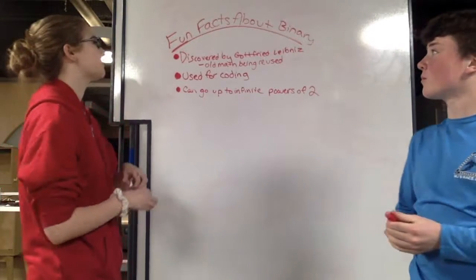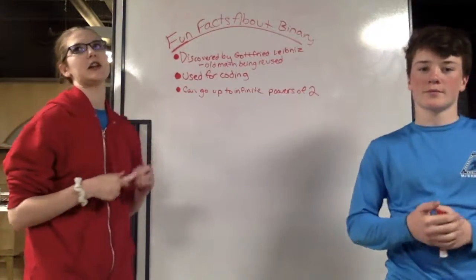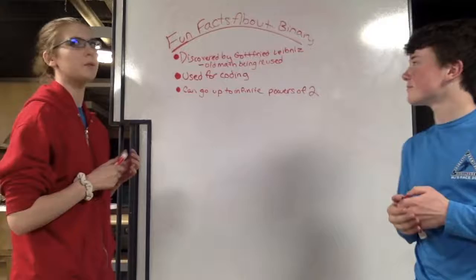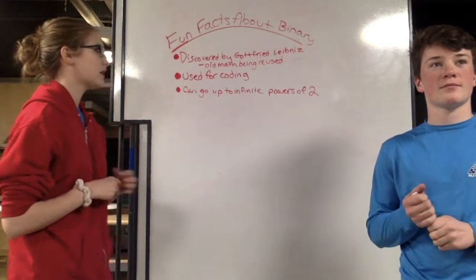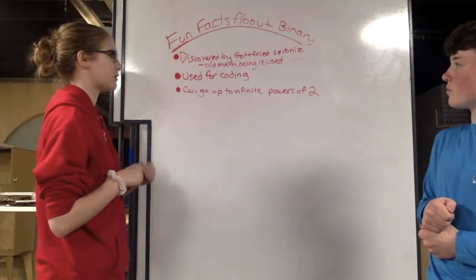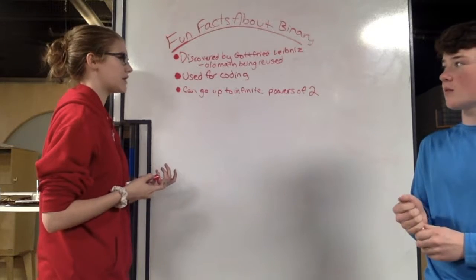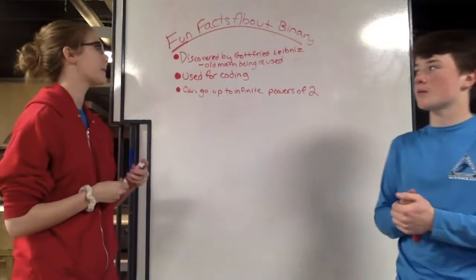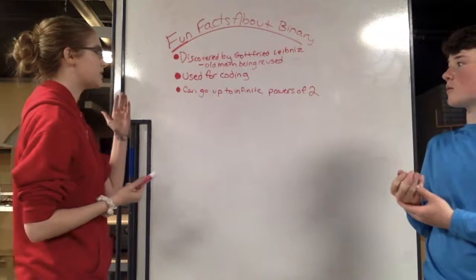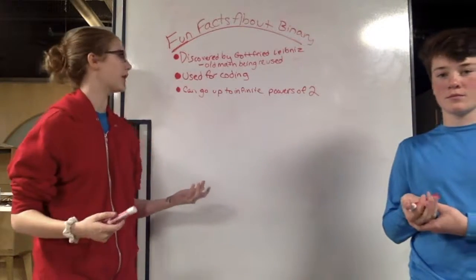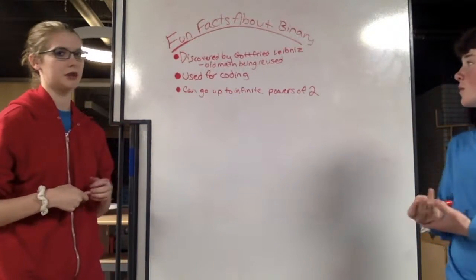So before we end, we just want to finish up with some fun facts about binary. It was discovered by Gottfried Leibniz, in like the 17th century or something like that, and now it's being used in computers as a computer language, so it's basically just old math being reused.